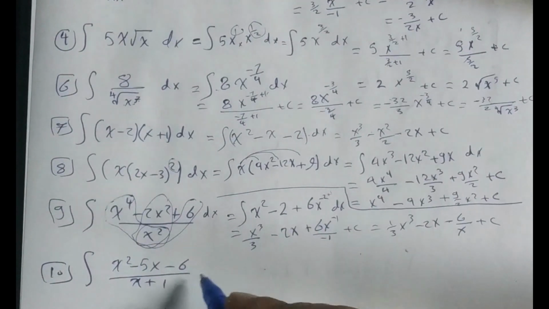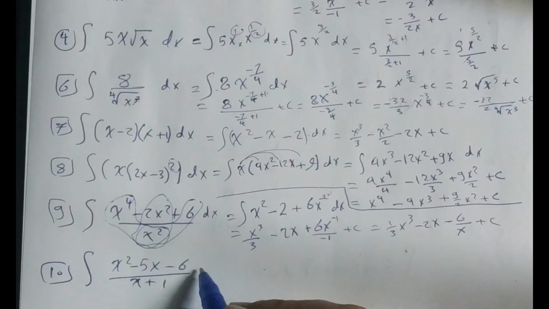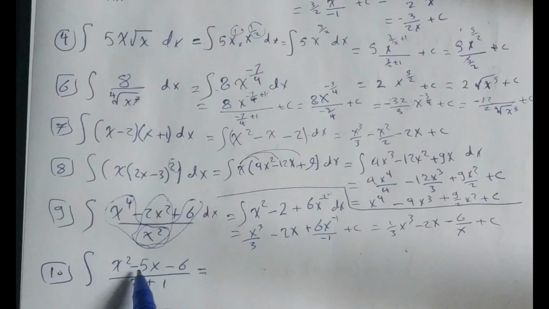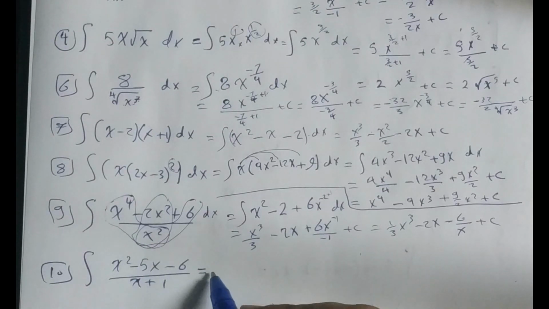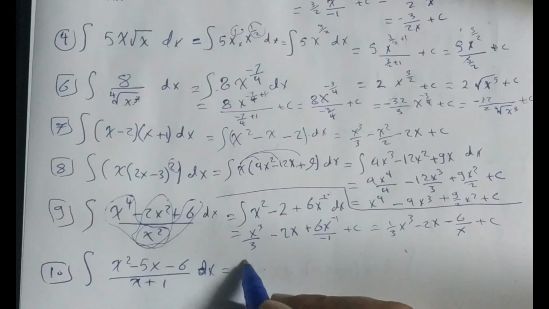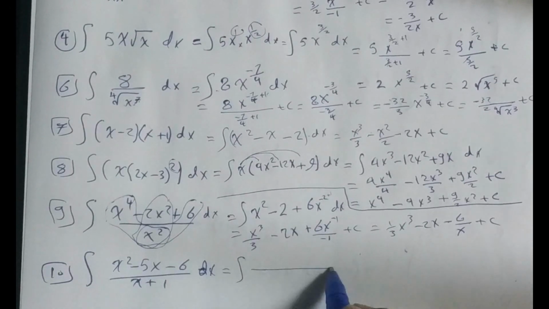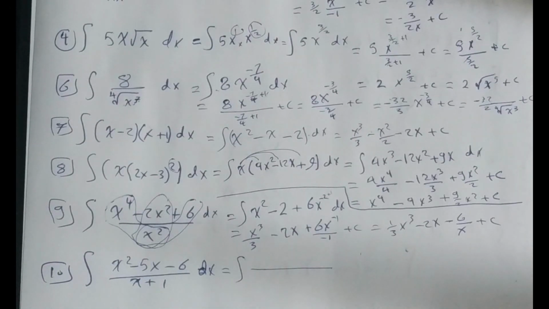The last example in the easy way. Integration of (x squared minus 5x minus 6) dx. What we will do now is try not to do anything like product of two functions or quotient of two functions.